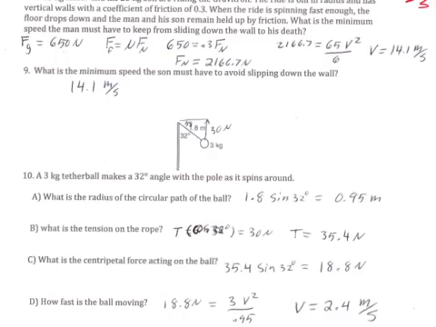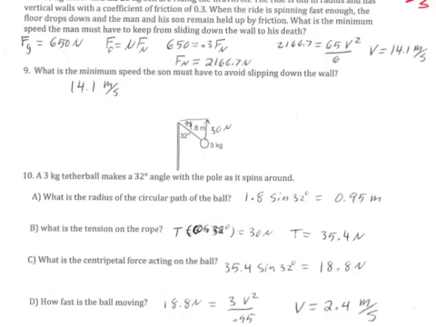Now if I want to know the tension on this rope, what I know is that the force of gravity is pulling down on this tetherball with 30 newtons, so I need an upward force of 30 newtons. Let's just do it this way.